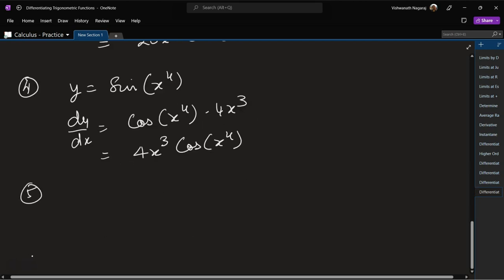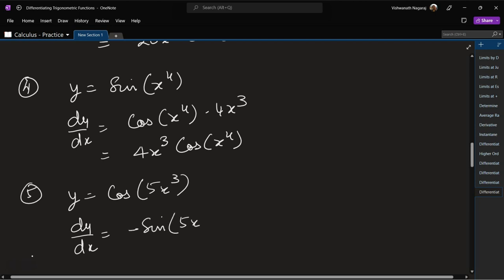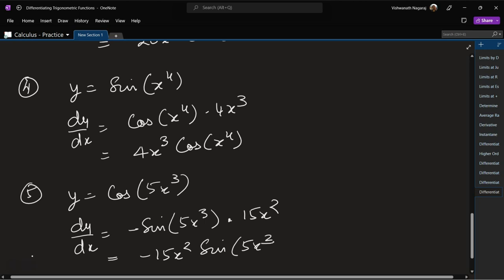Fifth one, y is equal to cos of 5x cubed. dy by dx is equal to, cos gives minus sine of 5x cubed times 15x squared. So the derivative is minus 15x squared times sine of 5x cubed.